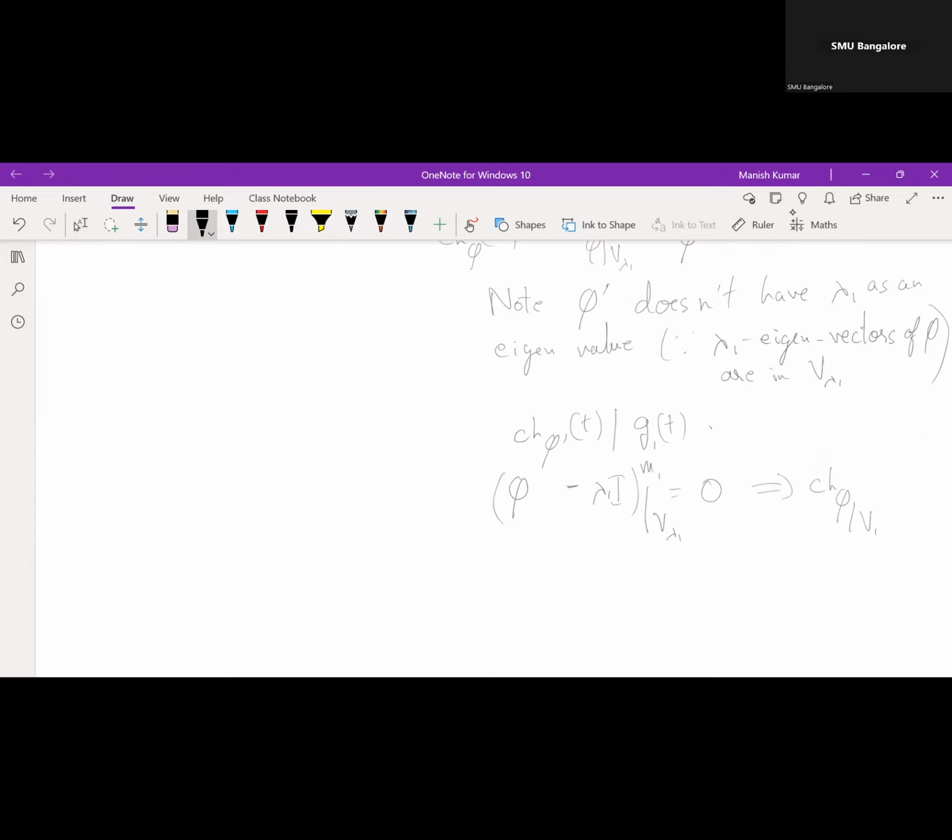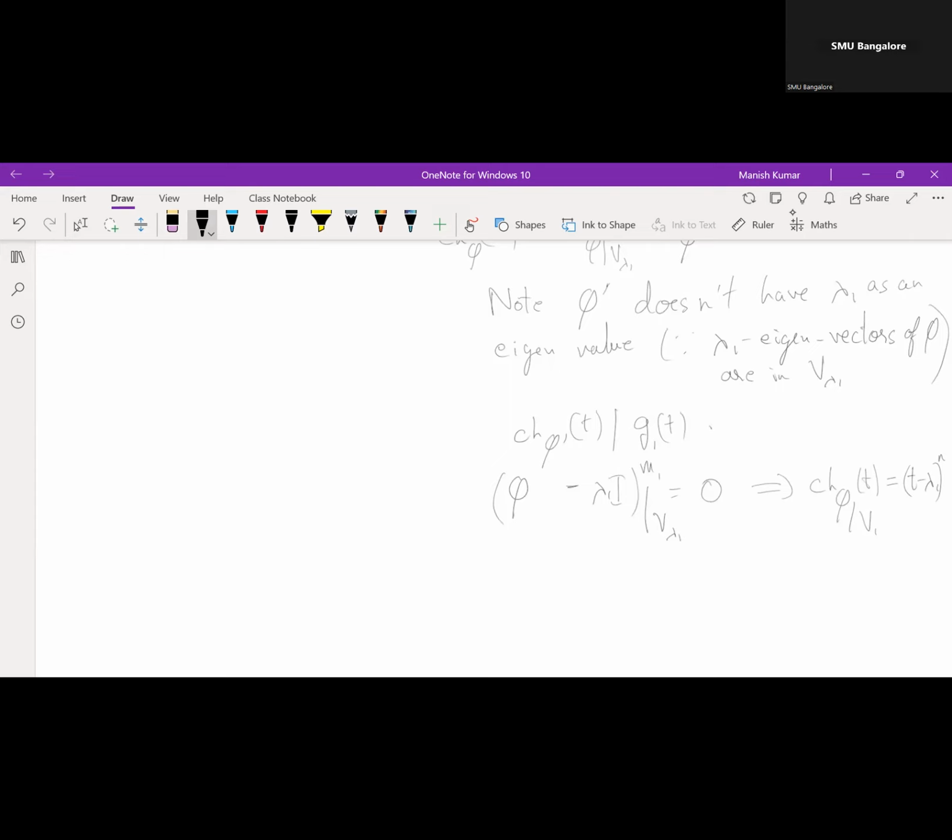So the minimal polynomial, and hence the characteristic polynomial, of phi restricted to V lambda 1 has only t minus lambda 1 as a linear factor, that is, it is of the form t minus lambda 1 to some power. I don't know which power; it may be smaller than m1.